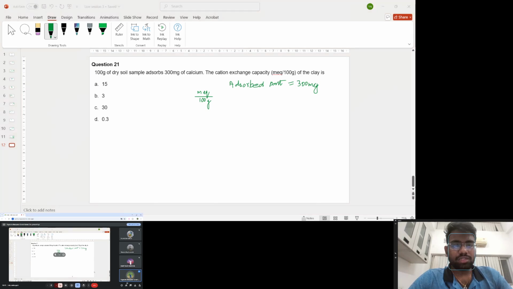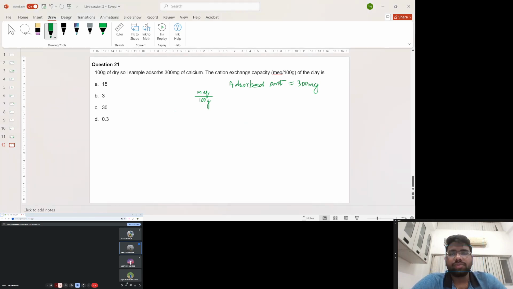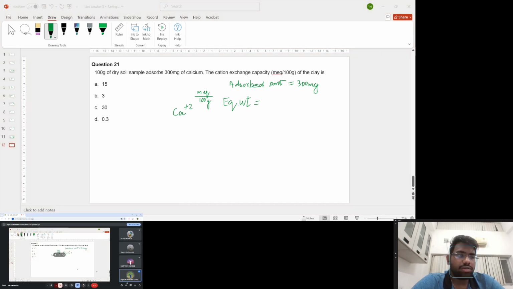Are you able to follow till this one, or are you finding it confusing? Okay, please proceed. So calcium is represented as Ca plus 2. Now the next step is, you have to calculate the equivalent weight. How is equivalent weight defined? You have to go to your plus 2 chemistry.